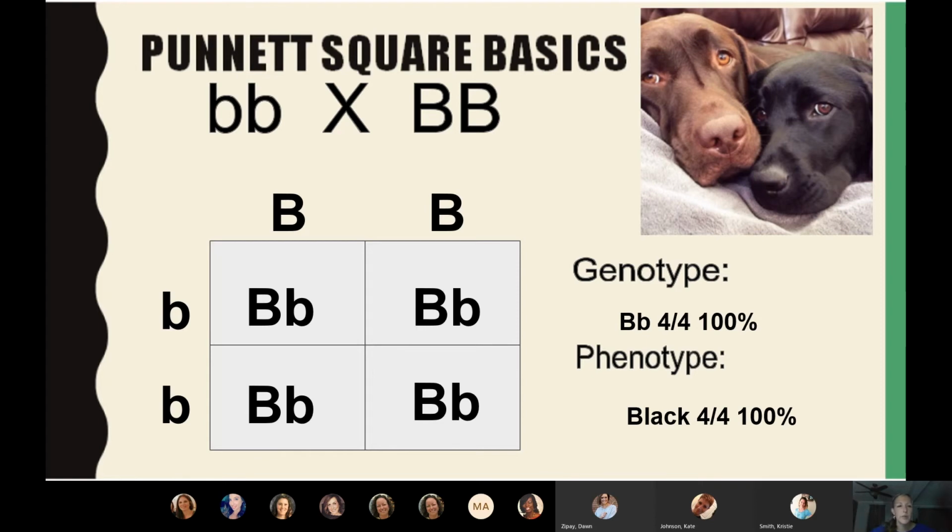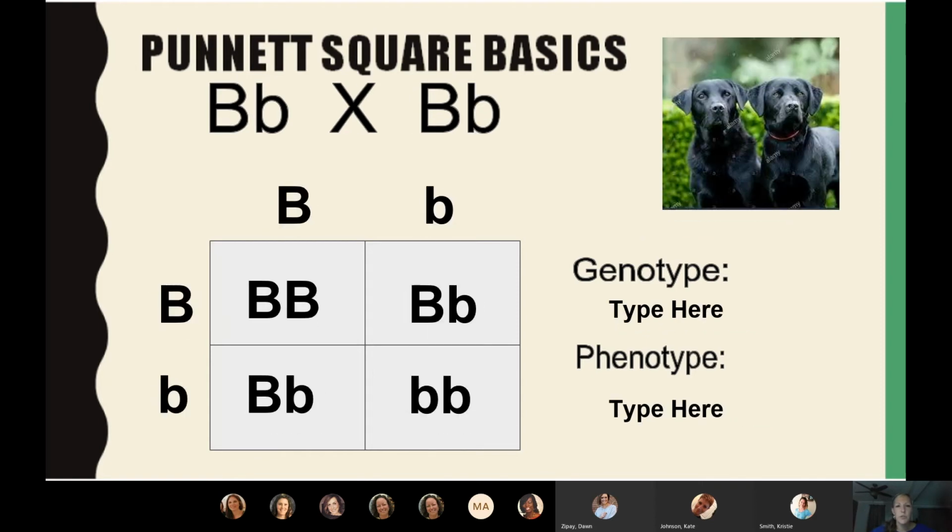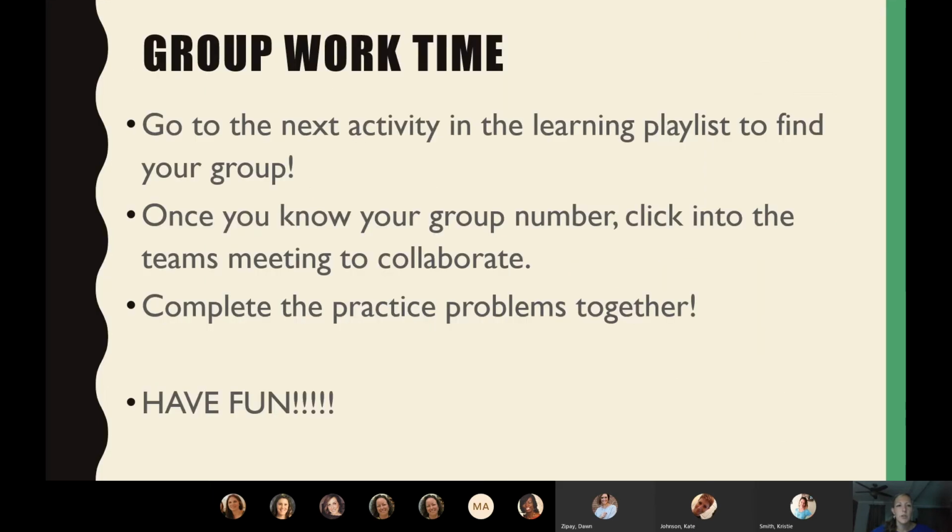We are going to break out into your breakout rooms. Okay, so your next activity on your playlist is going to provide you with an assignment, and it's going to provide you with a name of your group. So it would be group 1, group 2, or group 3. Your name is underneath.